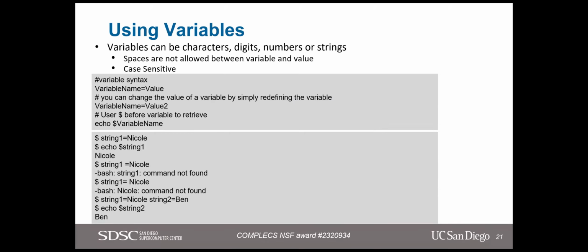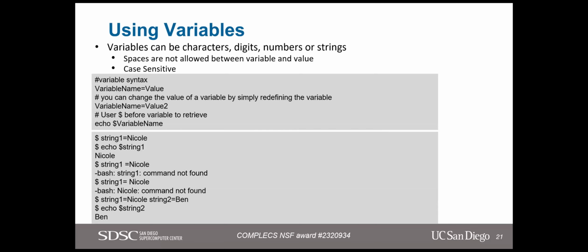So variables can be characters, digits, numbers, and strings. Spaces are not allowed between the variables and the values, and the reason is that the space is interpreted as something. So if we're creating a variable, you write the variable name, equal to the value of what that variable will be.